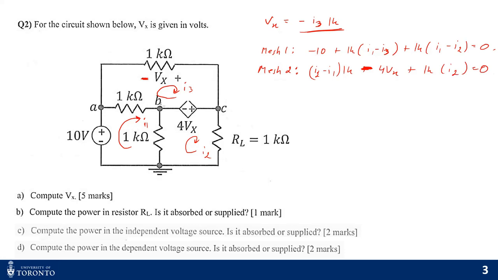Now I'll replace Vx with this term. So I will have (I2 minus I1) 1K, the minus minus will cancel, so it's going to be plus 4 I3 1K plus I2 1K equal to 0.